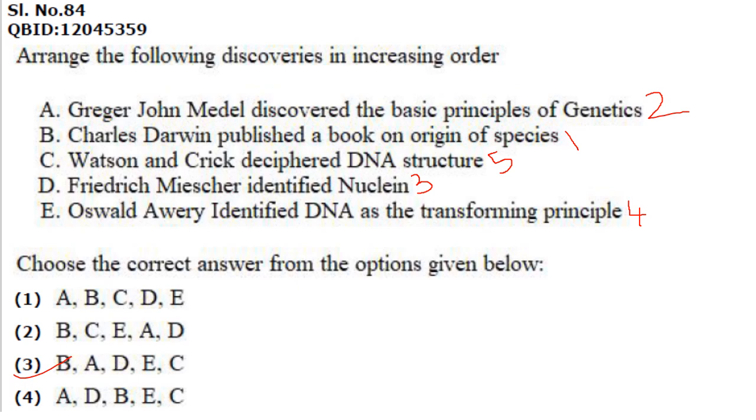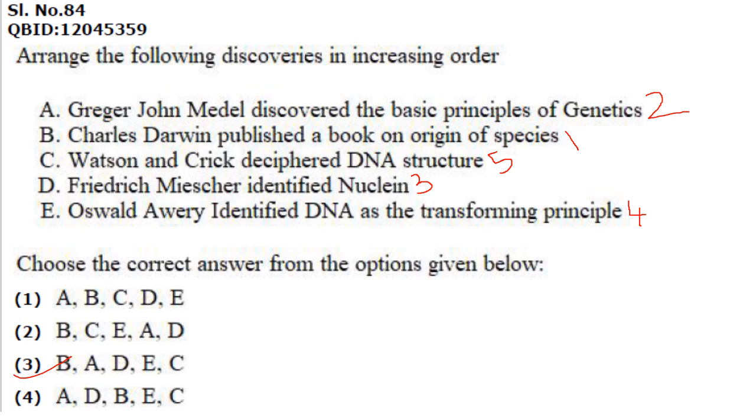Then next one. Arrange the following discoveries in increasing order. So first one was the discovery of origin of species by Charles Darwin. So that is natural selection.